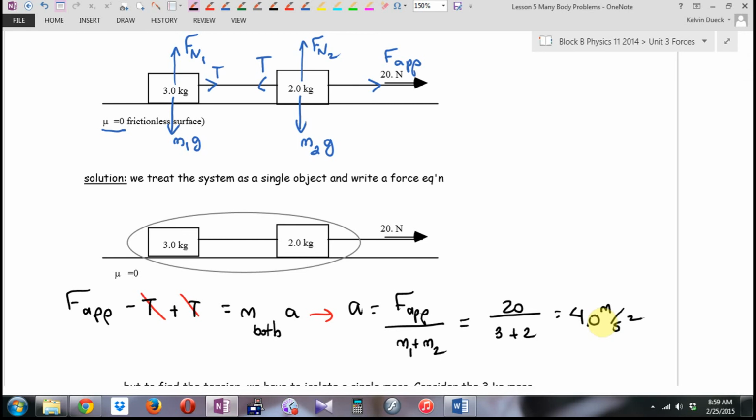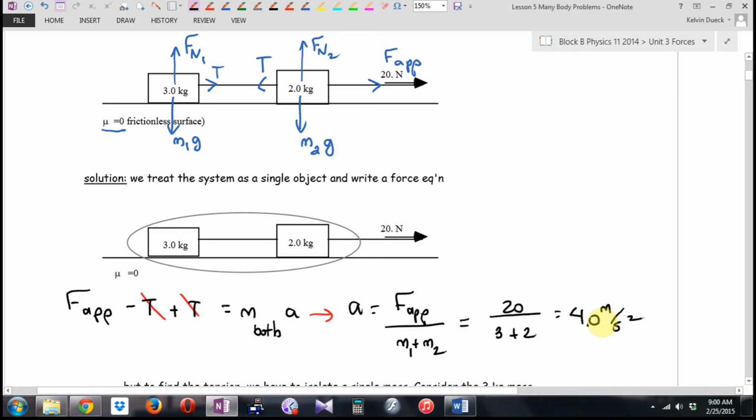I'll do all of my individual forces on the left side, winner minus loser equals the mass of both times A. Or if there's 3 masses, the mass of all 3 times A. Or if there's 4 masses, the mass of all 4 times A. But then, to find any individual forces, I will go look at individual masses.